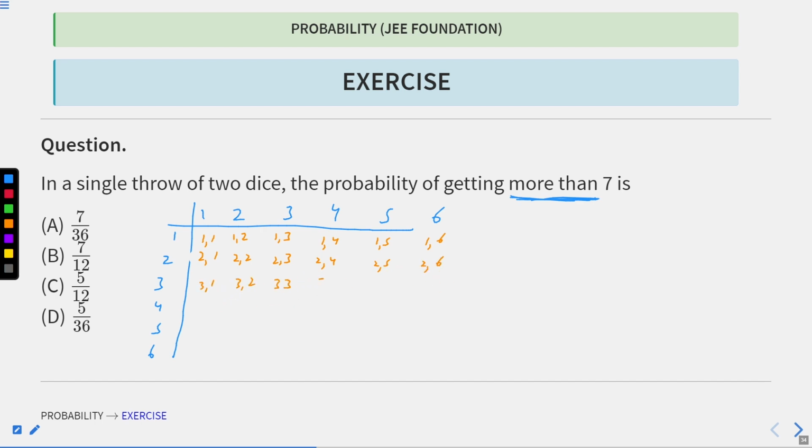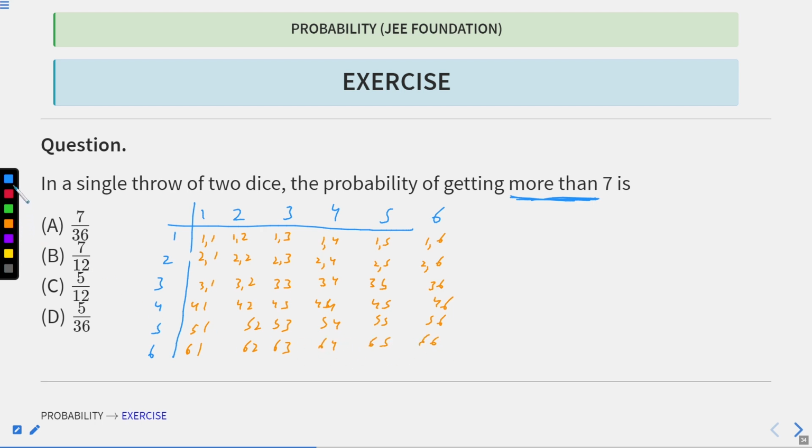I am writing without commas now. 35, 36, 41, 42, 43, 44, 45, 46, 51, 52, 53, 54, 55, 56, and 61, 62, 63, 64, 65, and 66.